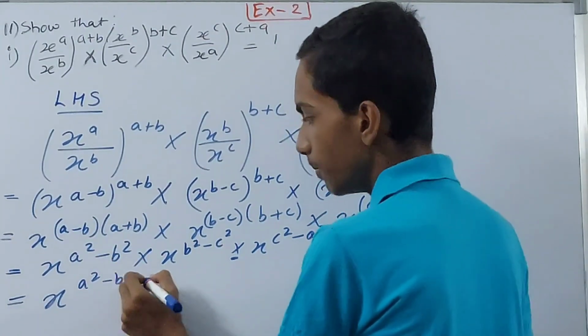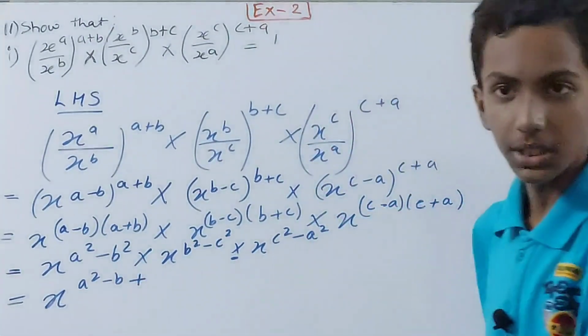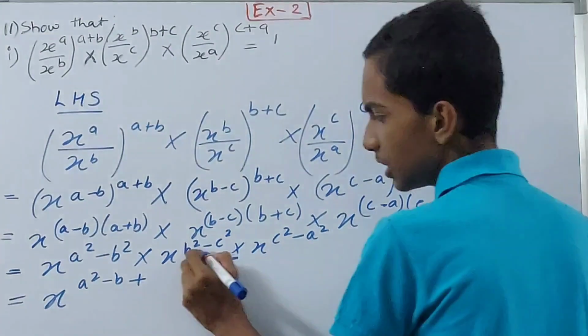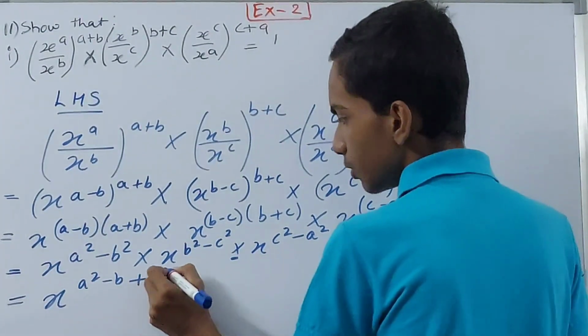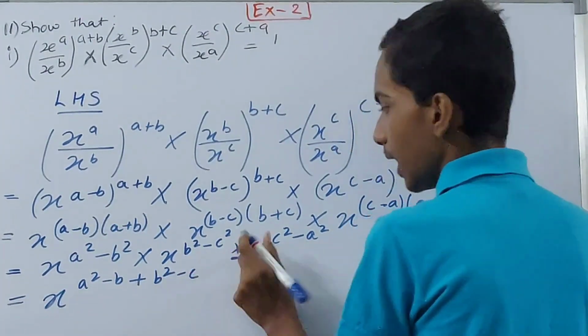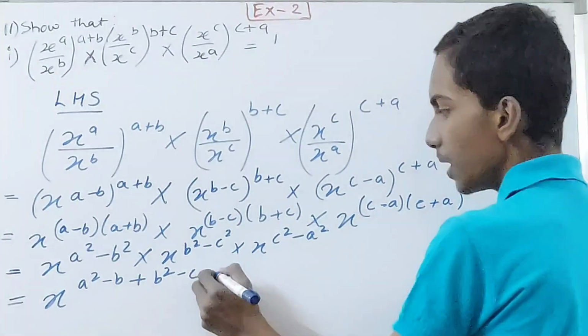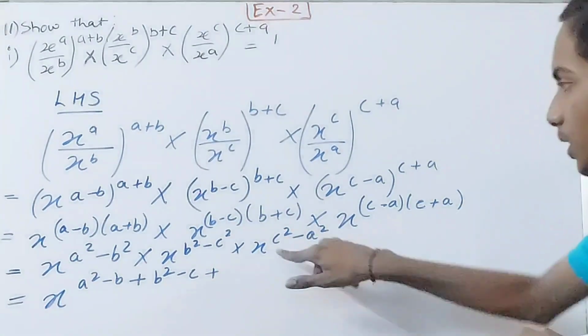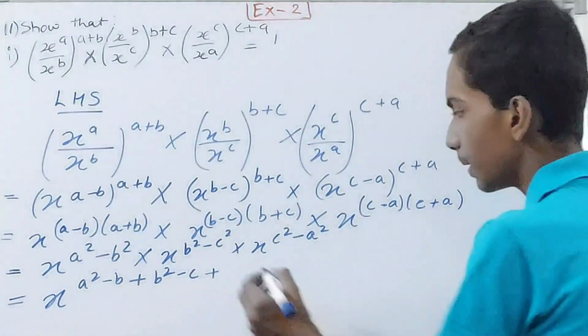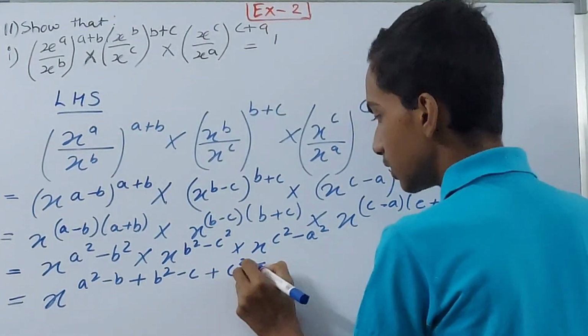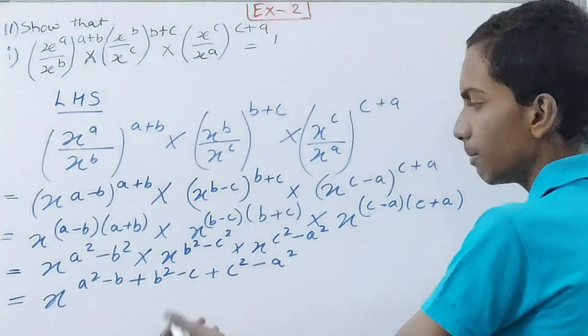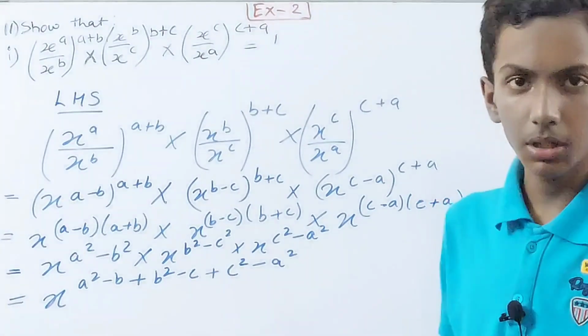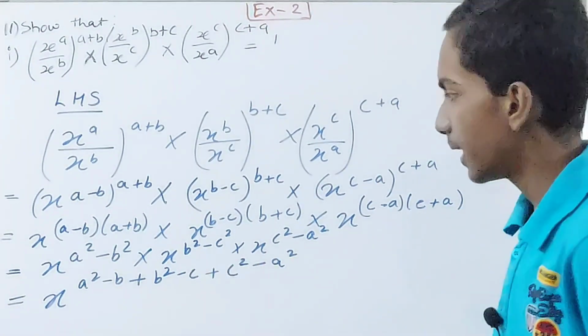Now which power will we add? b square minus c square, plus b square minus c square. Again into is there, so again plus. What we will add? c square minus a square, put that down, so plus c square minus a square. Whenever plus sign is there, the sign will not change, so no need to put any brackets.